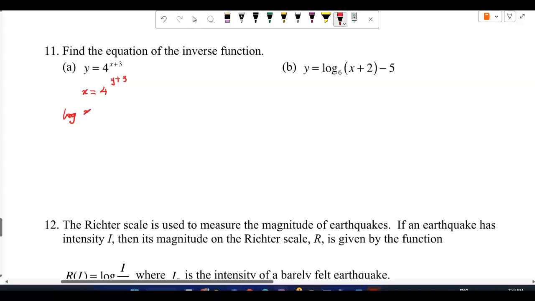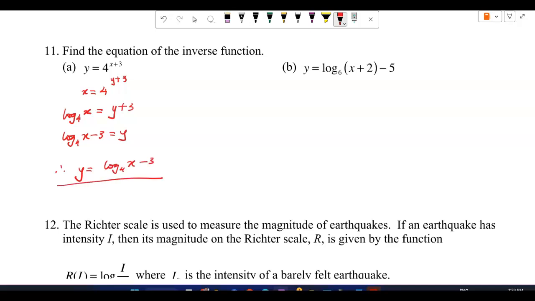Log x to the base 4. Y plus 3. Minus 3 is equal to y, correct? Therefore, what is my y? Y is equal to log 4 minus 3. Okay, yeah. Correct? It's not raised to y.